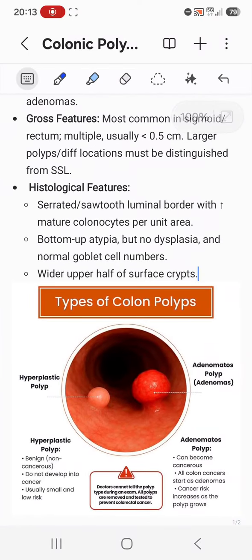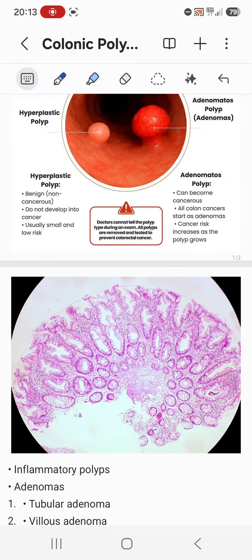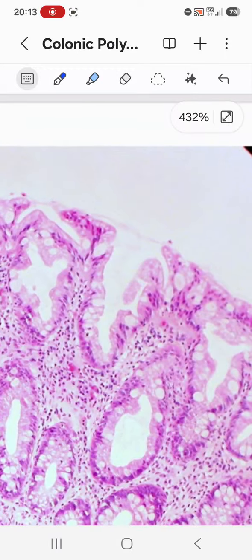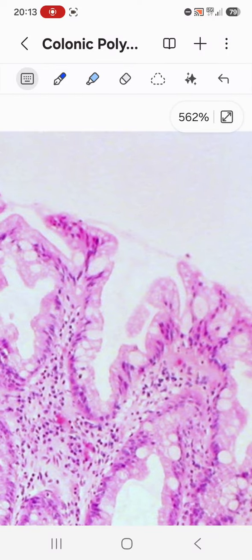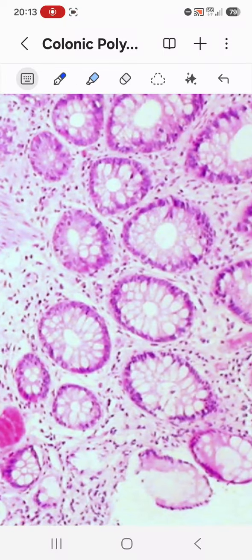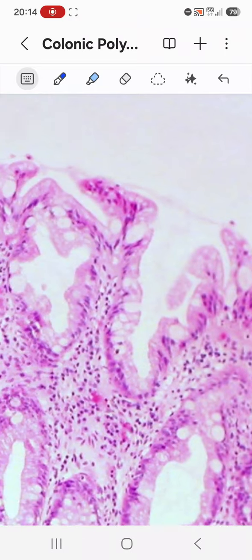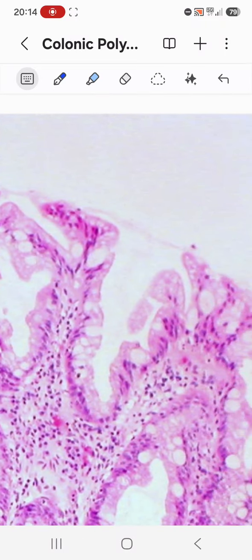Then you have this wider upper half of the surface crypts. What does that mean? That means if you look at any of those crypts that are on the surface, not these crypts which are the tubular type of the crypts, but these on the surface, you'll find that they are wider at the upper half.